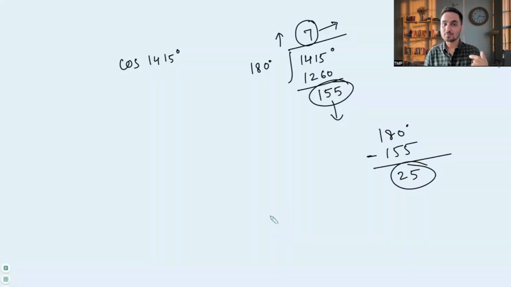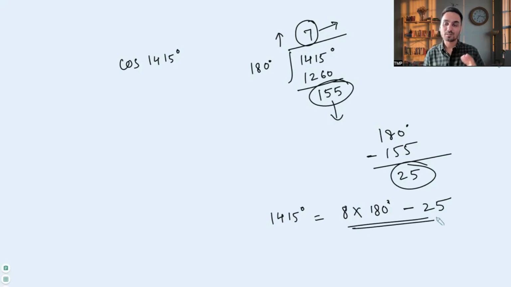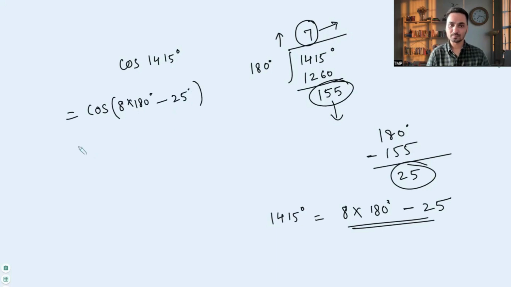And why I'm saying this? Because if you do 1415 degrees as 8 times 180 degrees and you subtract 25 from it, you will get 1415. That means we can write cos 1415 degrees is equal to cos 8 times 180 degrees minus 25 degrees.